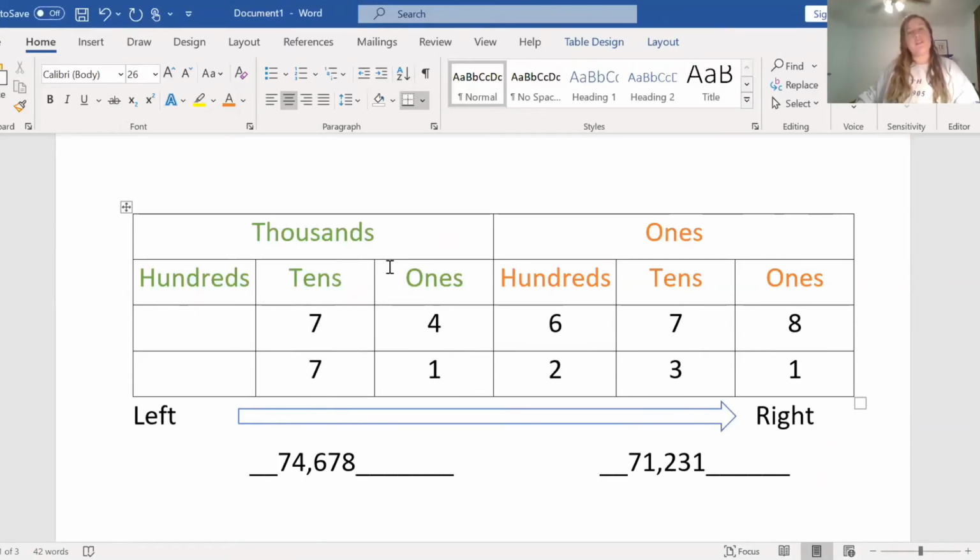So what we do next is we're going to look at the 1,000s place and see if we can determine which one is greater or less than in this place value. So because 4 is greater than 1, this number right here is greater.